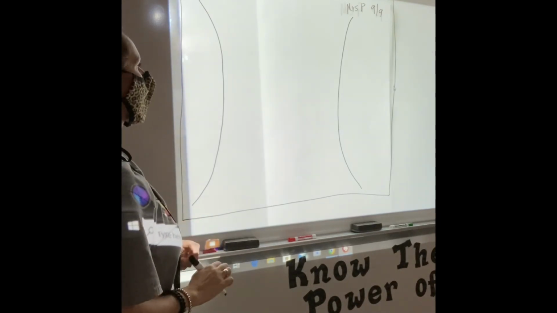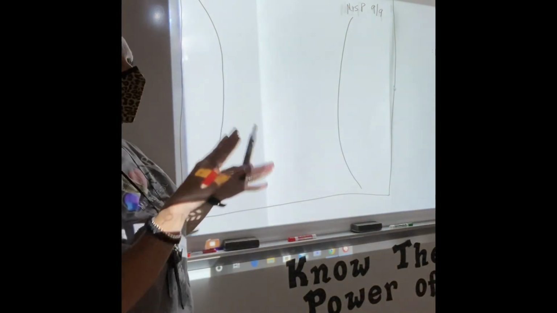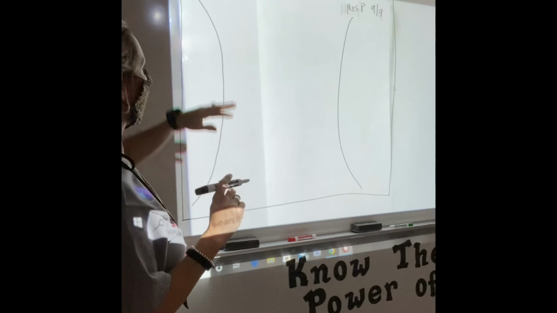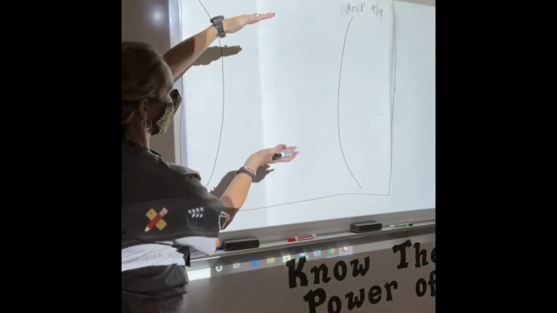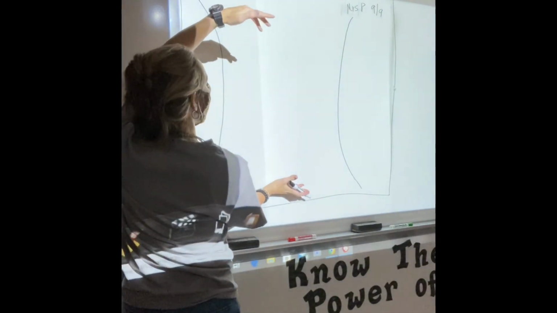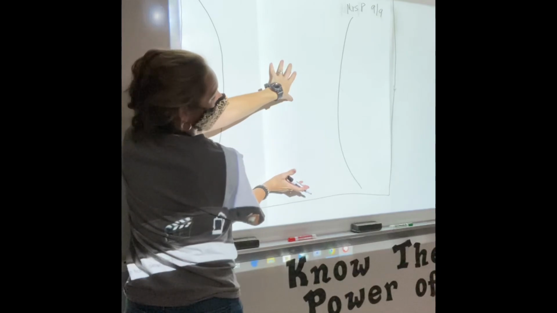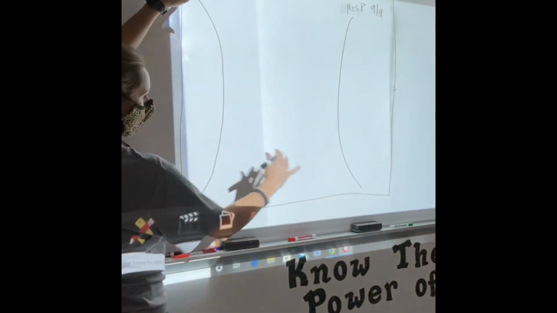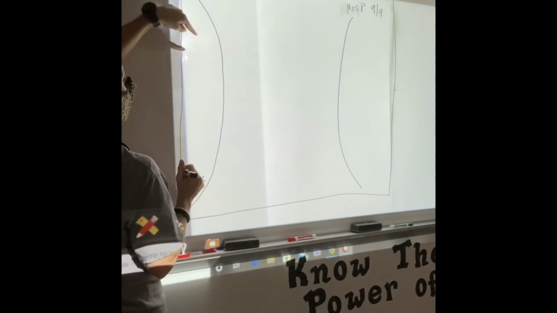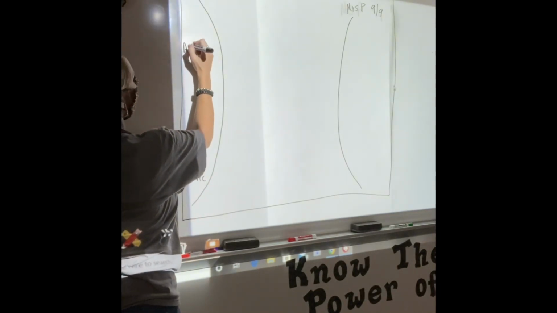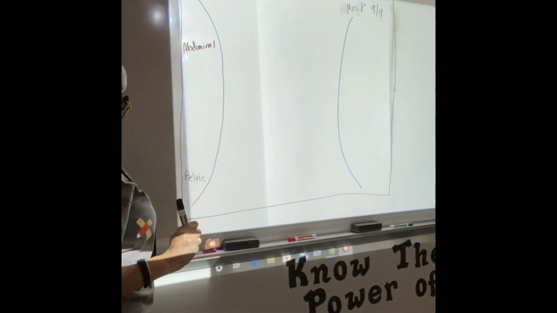Okay, and when we talked about the different body cavities, we had two different ones: the pelvic cavity, which is down at the bottom, and the abdomen, or the abdominal cavity. So towards the bottom of your paper, I want you to put pelvic. And then up here in the middle, abdominal.